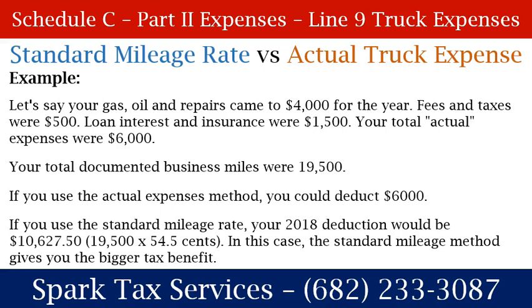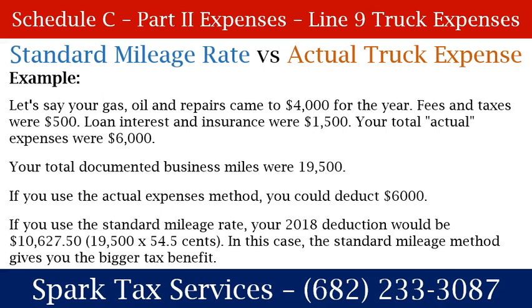Fees and taxes were $500. Loan interest and insurance was $1,500. Your total actual expenses calculated together is $6,000. Okay, now for your total documented business miles, it is 19,500. So for your actual expense method, you could deduct the $6,000. And remember, that's for the gas, the oil and repairs, the fees and taxes, and also for the loan interest and insurance.